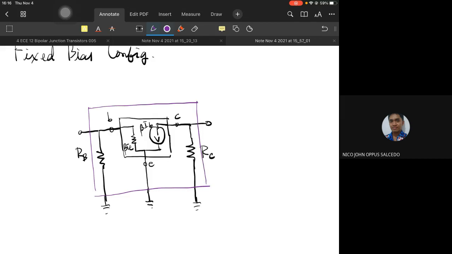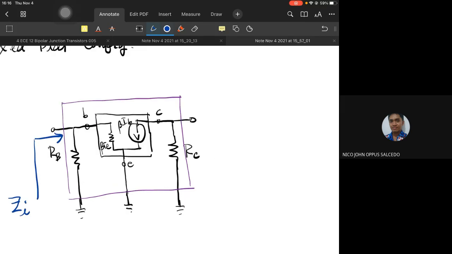Input impedance is measured here. What is the total resistance seen at the input side? Ang output impedance is what is the total resistance seen at the output side.